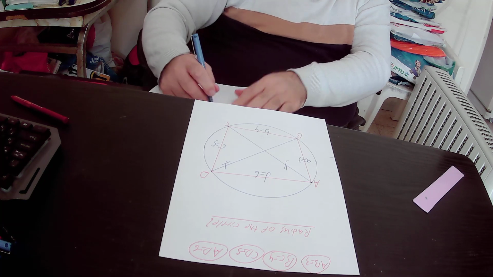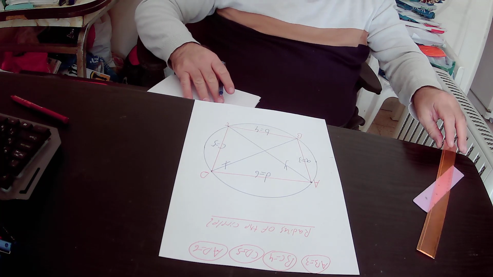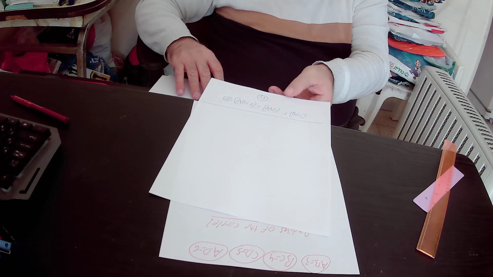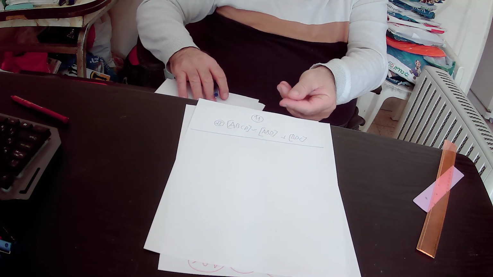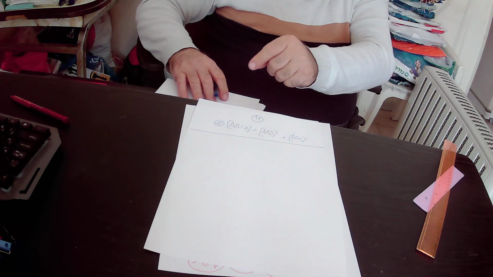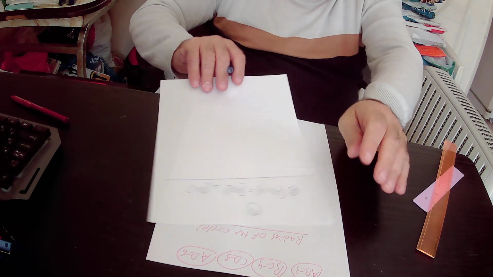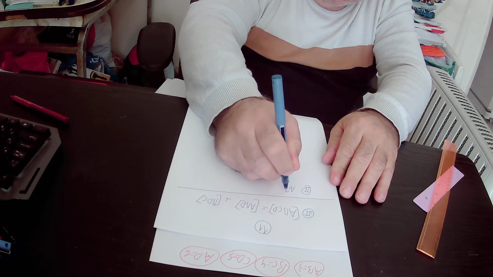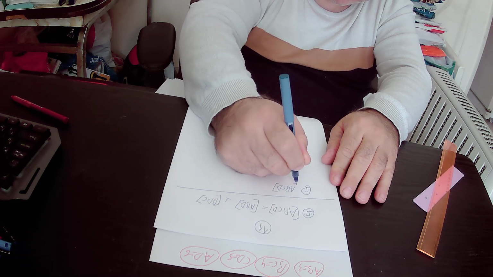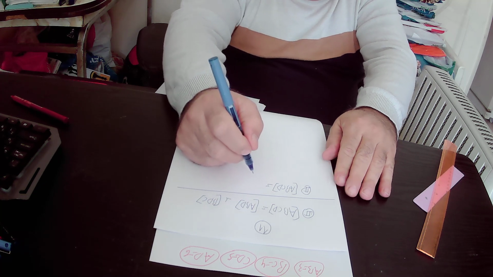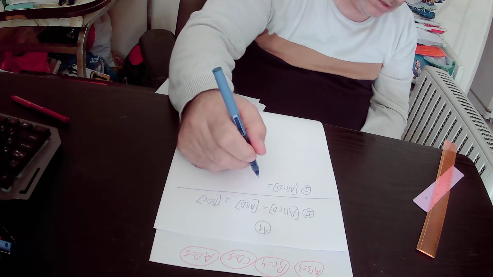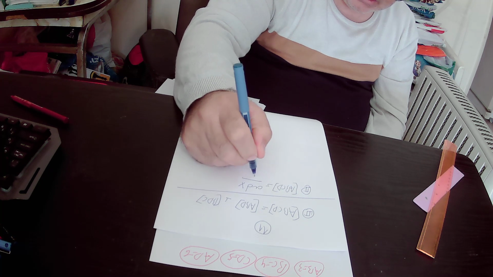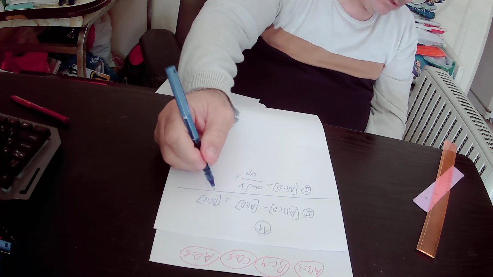It's very easy to see it from the drawing. So we found out that the area of quadrilateral ABCD, according to equation number 2, equals the area of triangle ABD plus the area of triangle BDC.